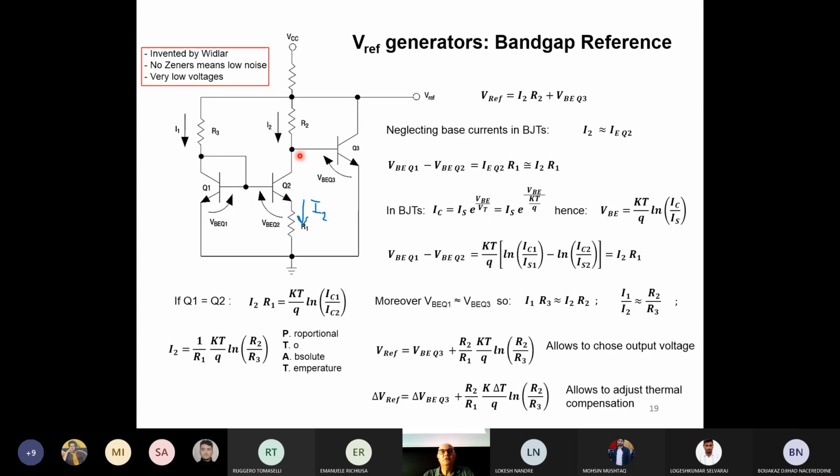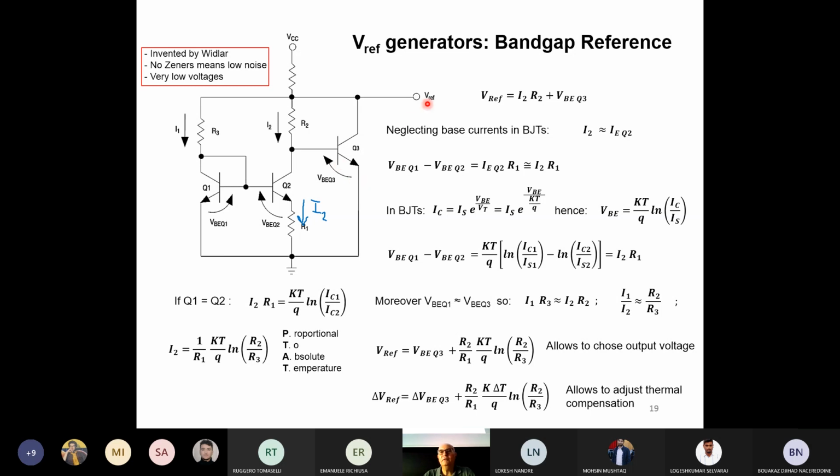What is the collector voltage of Q2? If I look here, we know that the VB of Q2 is not the same as the VB of Q1, and also there is a voltage drop on R1, so I'm not sure what the voltage is here. But if I look on the right, I see that this is also the base voltage of Q3, so for Q3 it should be more or less 0.7 volts.